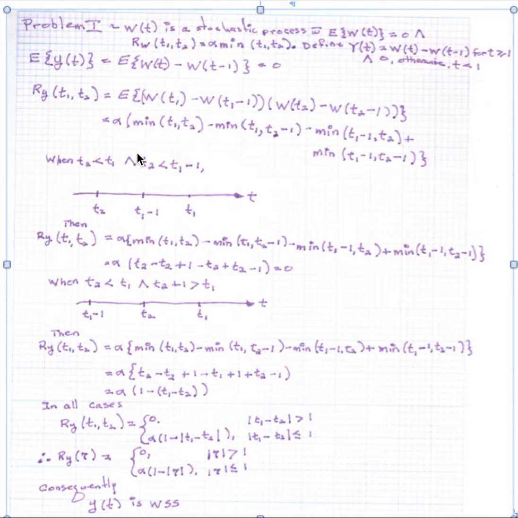These are critical in establishing how we will evaluate the correlation of Y, or for any correlation. So the autocorrelation of T1, T2 is equal to alpha min(T1, T2) minus the min of T1, T2 minus 1, and corresponding on out.